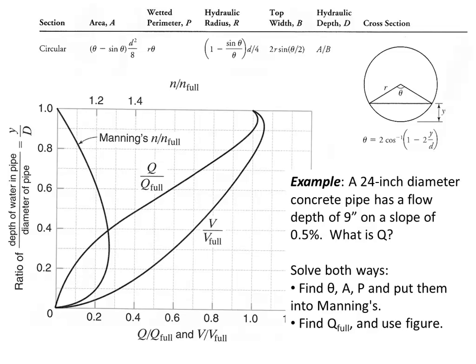And so if the pipe was totally full, this concrete pipe on a 0.5% slope, its capacity would be 16 CFS. But from the curve, we find that when it's 37% depth, it can carry 24% of the capacity.